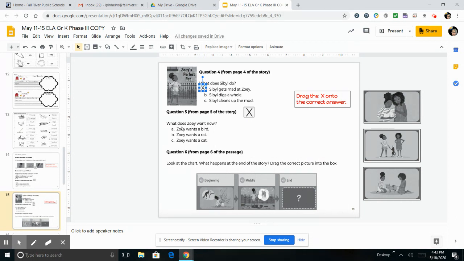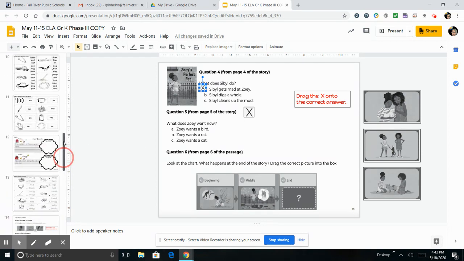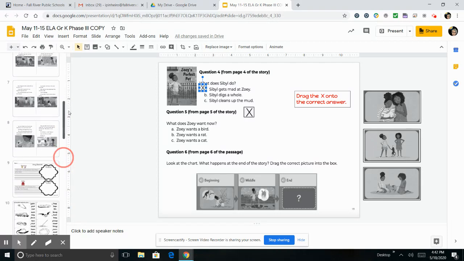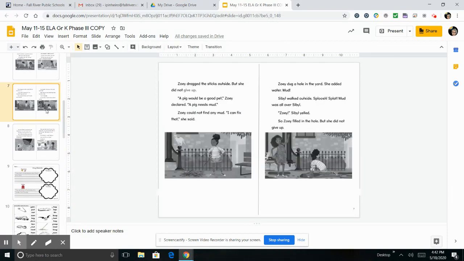Question 5. What does Zoe want now? Does Zoe want a bird? Does Zoe want a rat? Or does Zoe want a cat on page 5? So Miss Pinedo is not sure. She doesn't remember. So we can go back up to page 5 and see what she wants. There's page 7.